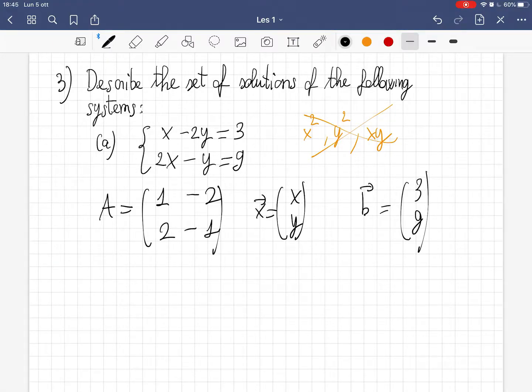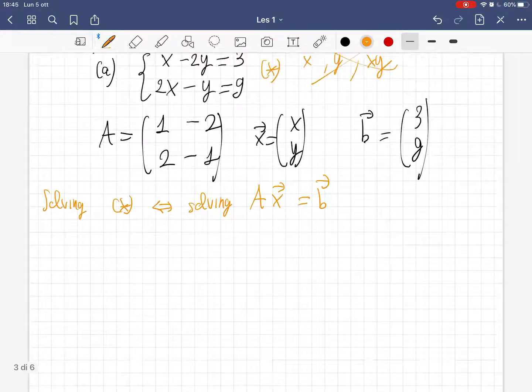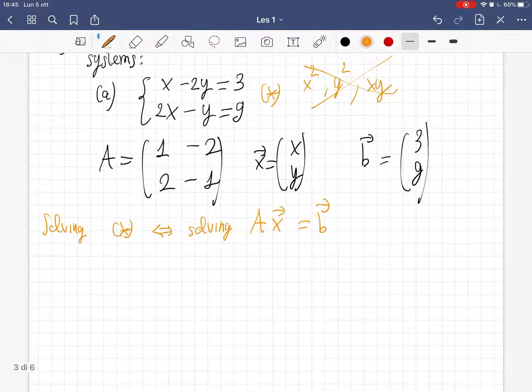And then what you know from the theory is that solving this is the same as solving this equation, which now involves matrices and vectors. But to do this, you can use the famous Gauss-Jordan elimination.